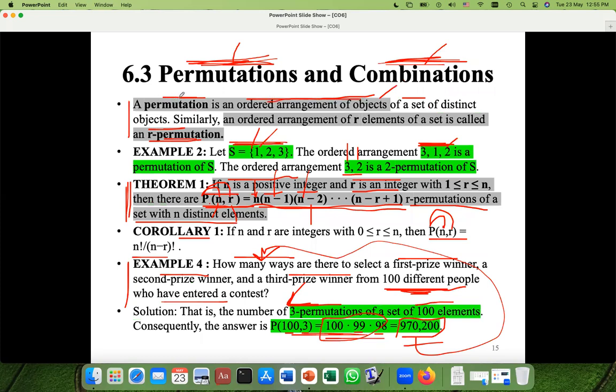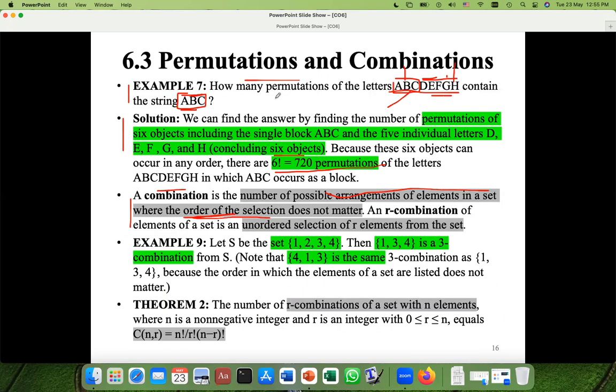So that is the thing. Here, order is the main thing. But in combination, the order of selection does not matter. And similarly, you can represent some combinations with r. And r is the same concept, which you can verify from this Example 9. So we have this set S now, containing these elements.